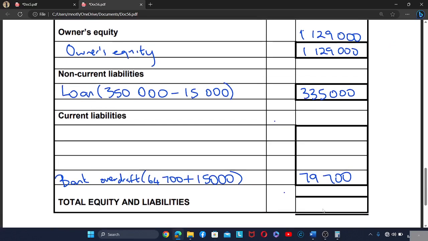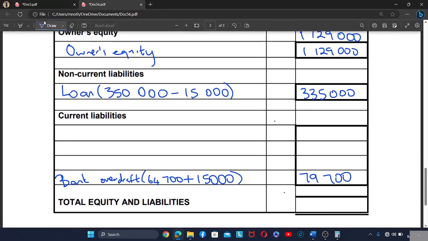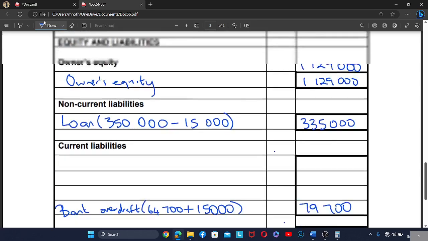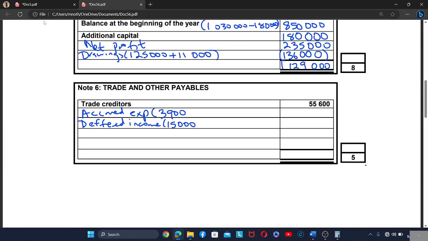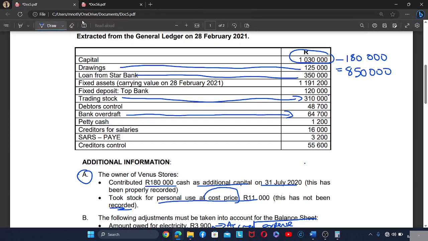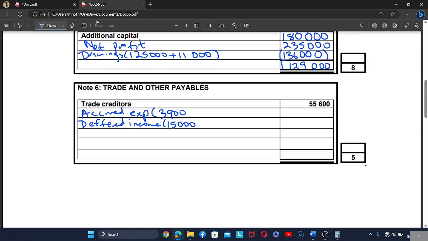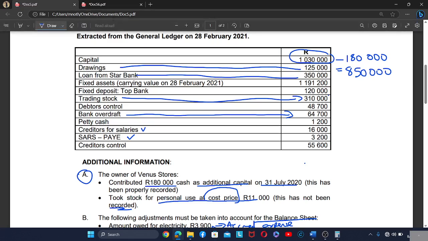Now we go to the trade and other payables. Let's go and check in the trial balance. You can see that you have SARS PAYE and the creditors for salaries. They were not recorded. PAYE, it's how much? 3.2.